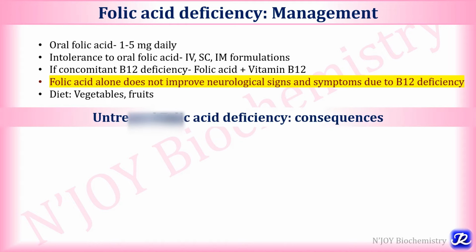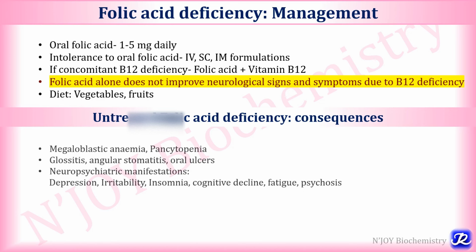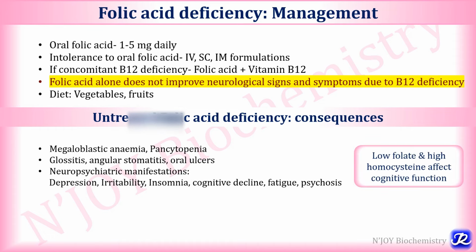What are the consequences of untreated folic acid deficiency? Folic acid deficiency results in megaloblastic anemia and ineffective erythropoiesis, and there is pancytopenia. So it leads to various symptoms like weakness, glossitis, angular stomatitis, oral ulcers, and various neuropsychiatric manifestations can also be seen, like depression, irritability, insomnia, cognitive decline, fatigue, and psychosis.